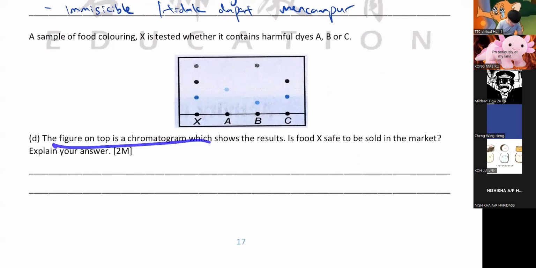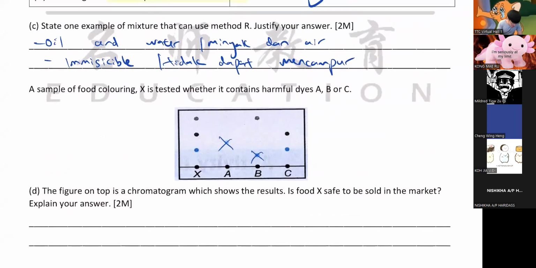Okay, so this is chromatography. Is food X safe to be sold in the market? This is food coloring X tested for harmful dyes A, B, C. Does X contain A? No, because it doesn't match here. Does it contain B? No, because it doesn't match here. Does it contain C? Yes, it does. You see these two, they match.